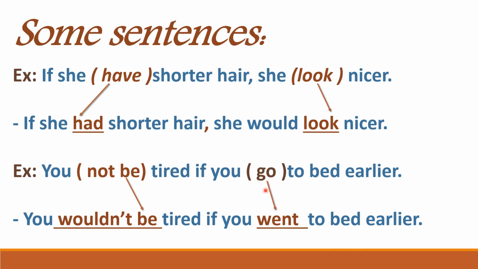I changed go to went because I have past simple and this is an irregular verb, and it is the second conditional: to bed earlier. You wouldn't be tired if you went to bed earlier. So these are different ways of the second conditional in these sentences. So let's take more examples in different ways.